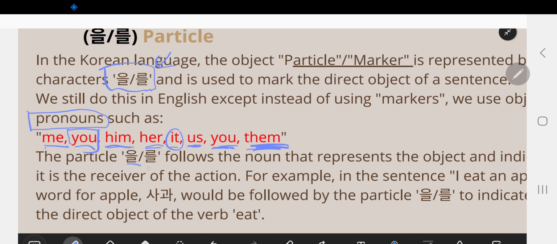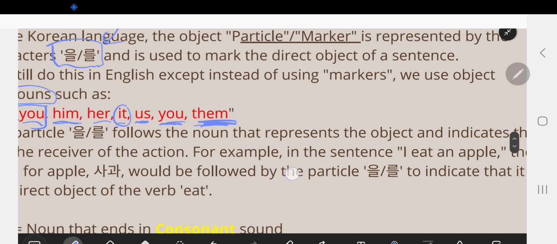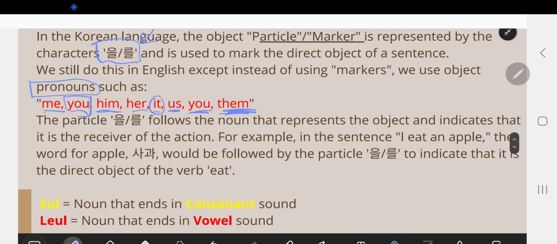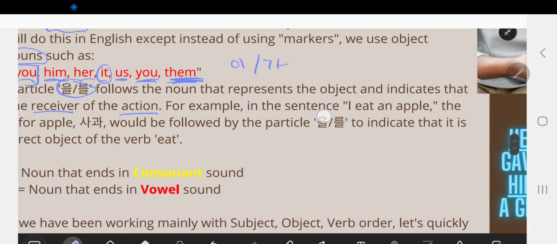The particle 을/를, the thing that we attach onto the nouns, follows the noun that represents the object and indicates that it is the receiver of the action. Remember that the other time, when you place the subject particle, which is 이/가, then this will be the doer of the action. But in this case, 을/를 is the receiver of the action.